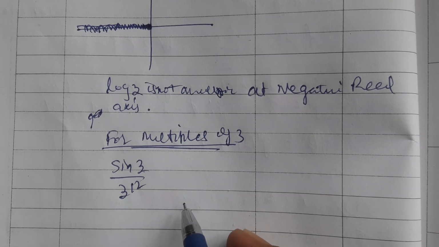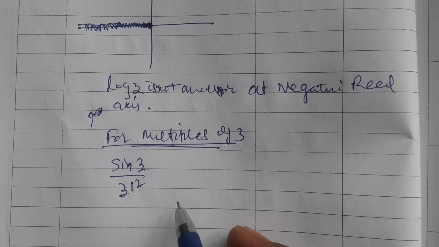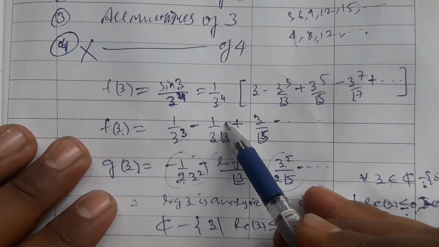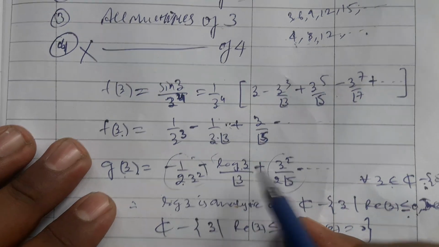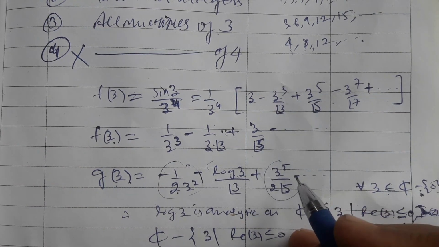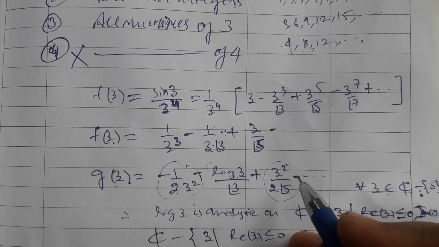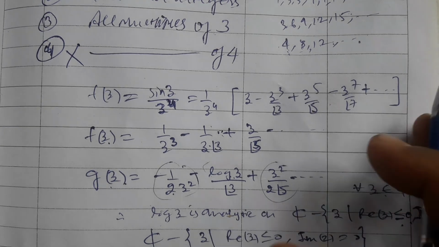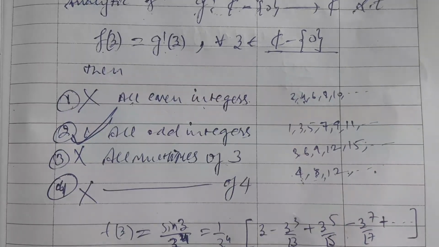Whenever we construct g of z, log z comes, because 1 upon z corresponds to log z. Similarly, in sin z upon z to the power 12, z to the power 11 comes in the expansion, and 1 upon z remains, and while constructing its g of z, I get log z. So the third option is also discarded. Only the second option is correct.